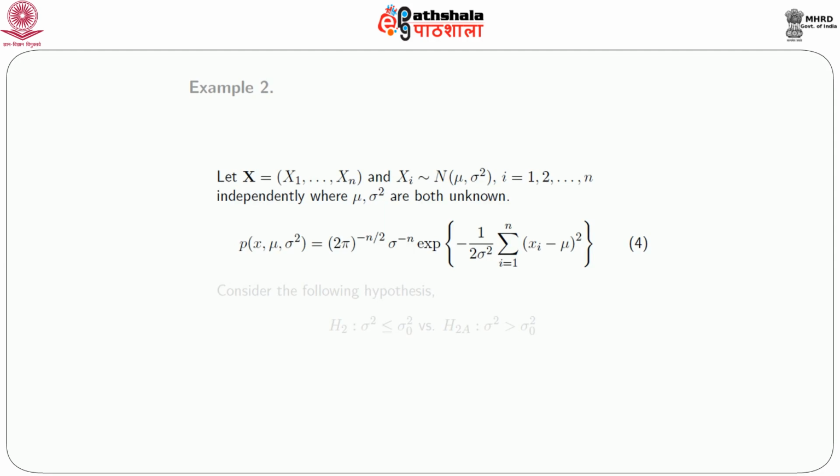We consider our second example. Let x1, x2, ..., xn be a random sample of size n from a normal (mu, sigma square) population where mu and sigma square are both unknown. We consider the following hypothesis: H2, sigma square less than or equal to sigma square naught, versus H2a, sigma square greater than sigma square naught.